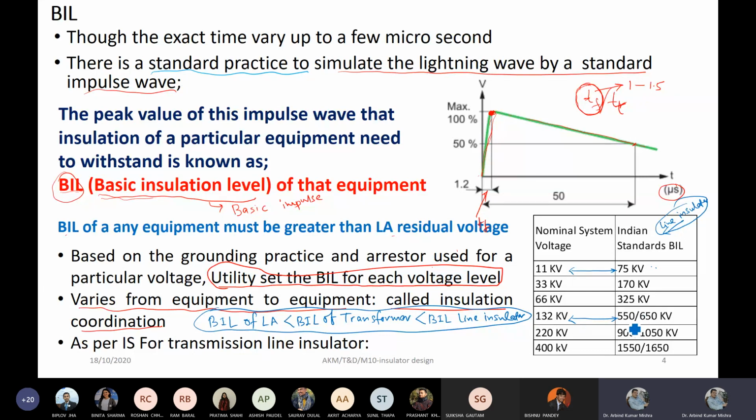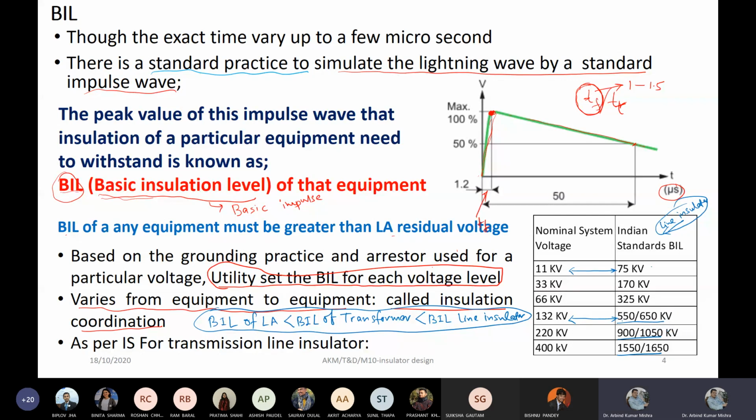So as you can see, two ratings are given here. These are the two factors governing whether this or this: the grounding condition and the arrestor material quality adopted.